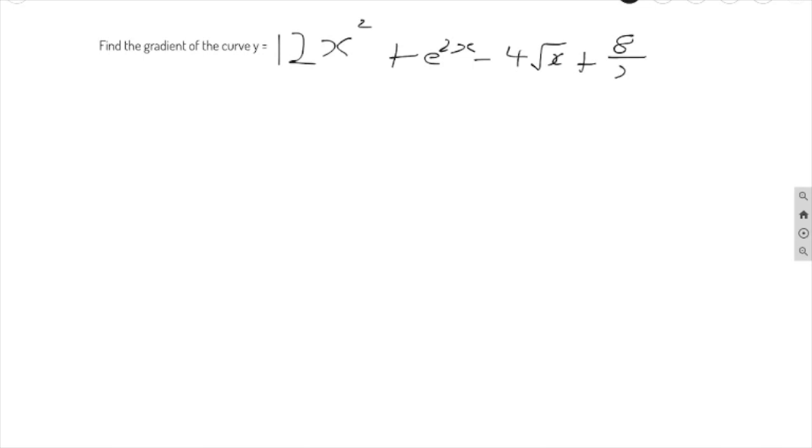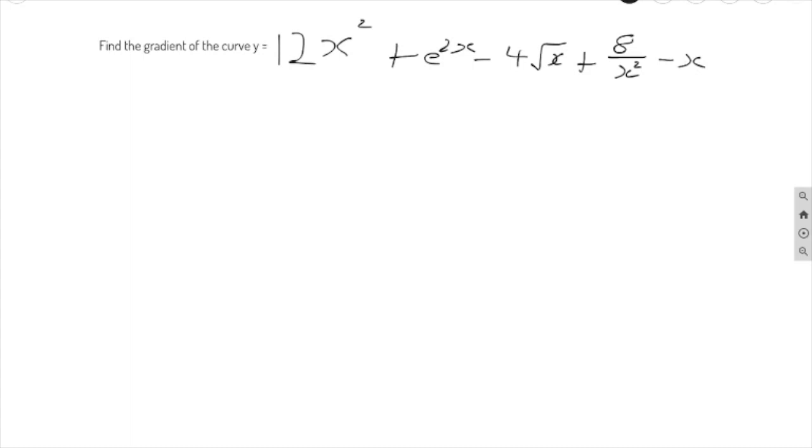So for now, let's try to find the gradient of the curve y equals, let's say, 12x squared plus e to the 2x minus 4 square root of x plus 8 over x squared minus x.